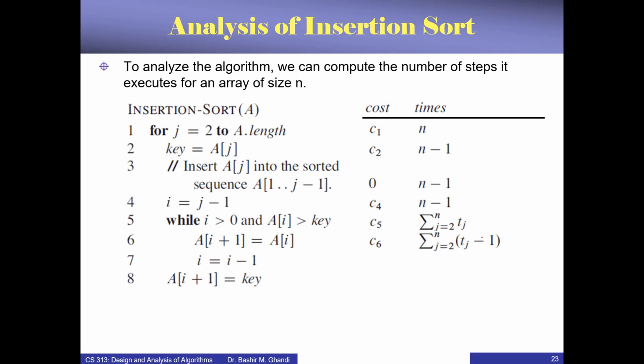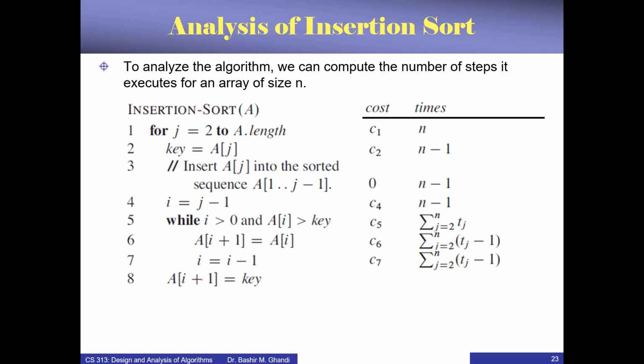The only difference is, instead of tj, we have to subtract 1, because remember, the body will always execute 1 less than the heading of the loop. Statement 7 will execute the same number of times as statement number 6, but we're going to use two different constants for the two.